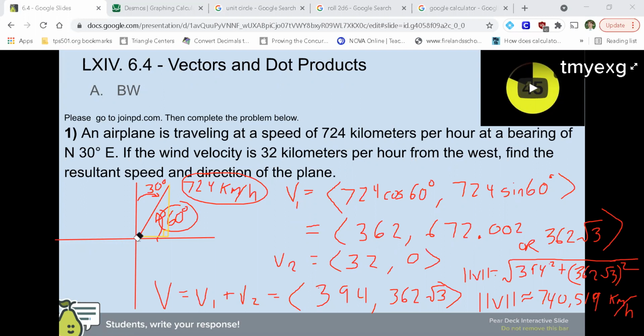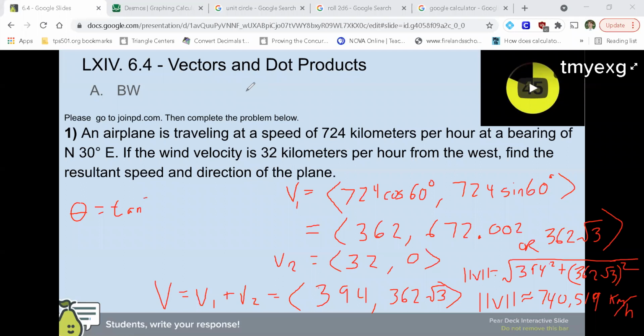And then, okay, I'm going to delete this to do the angle. The resulting angle is just the tangent inverse of your rise over your run. And the nice thing about this is our resulting answer is in quadrant 1. So whatever the calculator gives us is actually the answer, right?